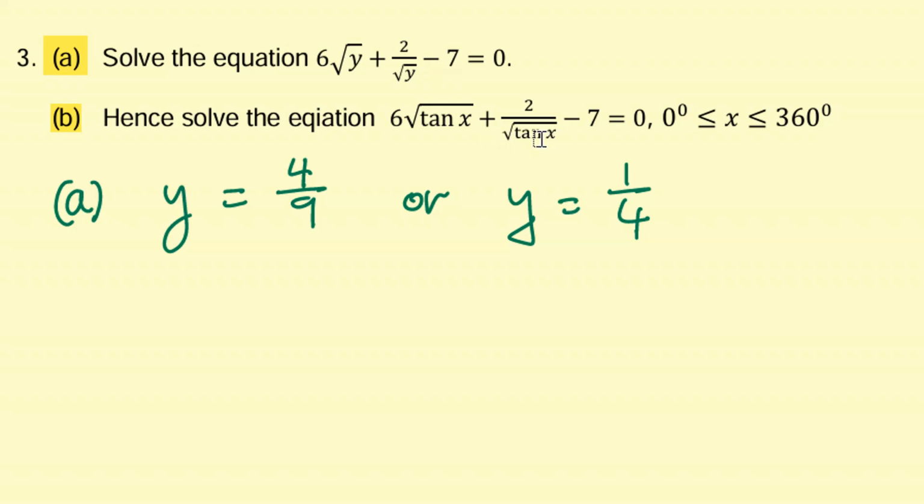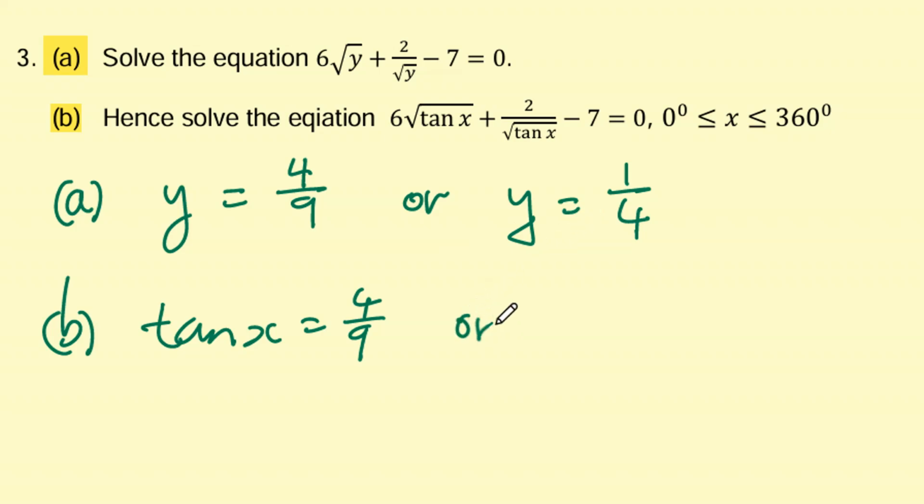And that tells us that the tan of x is equal to y. So let's apply that. In A, we saw that y was 4/9. So that means that the tan of x equals 4/9. Or y equals 1/4. And that means that the tan of x equals 1/4.